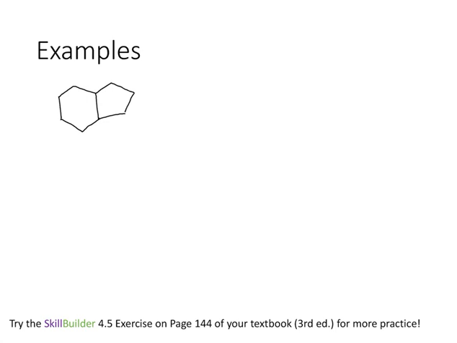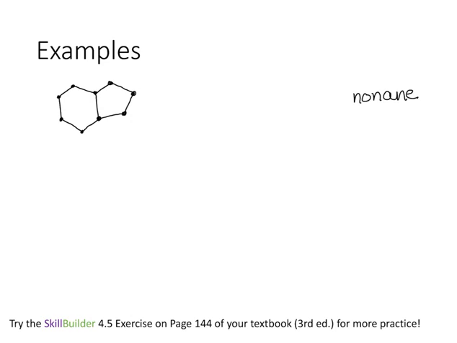All right, so again, the first thing we want to do is count the total number of carbons. So 1, 2, 3, 4, 5, 6, 7, 8, 9. Okay, so we have 9 total carbons, so which prefix should we use? Non, N-O-N. So this would be nonane.